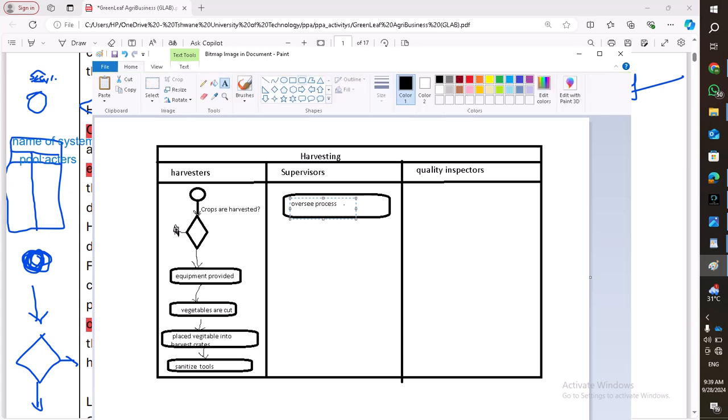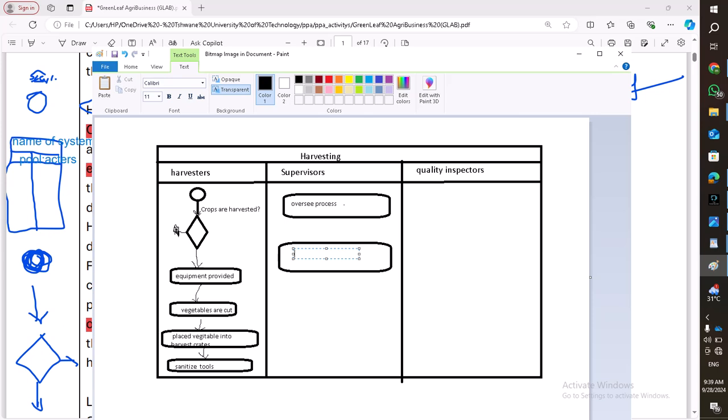All right, we can draw like this again. I'm trying to make this big.